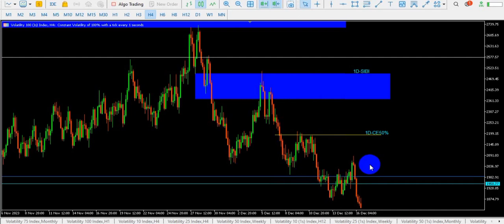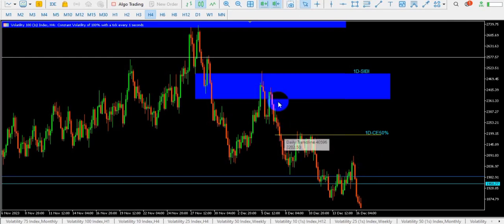I hope this was insightful to all of you. This is how you frame a high probability trade setup from higher time frame to lower time frame. The 4 hours is where you should stop when you are trying to look for entries.